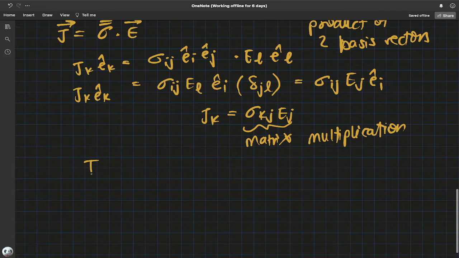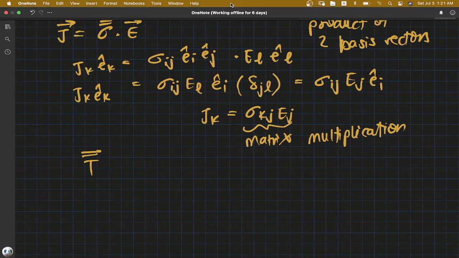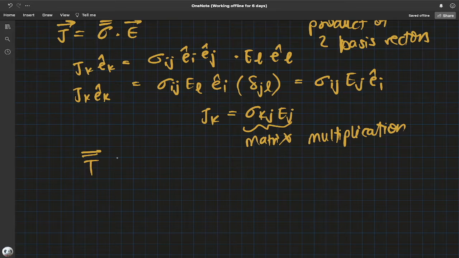Now let me generalize this idea. So a tensor T, I can write it as T sub ijk and so on; we don't know how many basis vectors there are in one component. e_i, e_j, e_k and so on, all of these are tensored again.